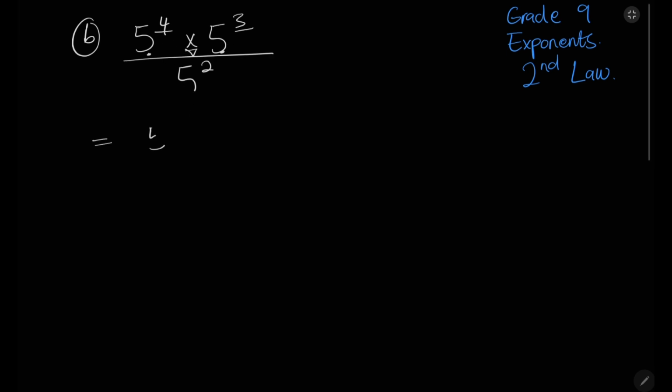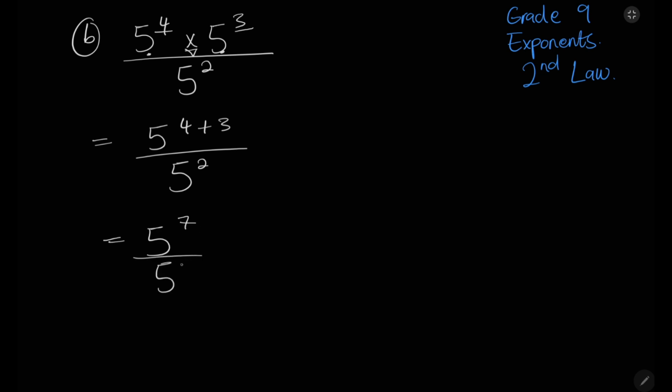This will be 4 plus 3 over 5 squared, which is 5. 4 plus 3 is 7 over 5 squared. This isn't your final answer. You can still apply your law. Which law should we apply? We have 5 and 5.